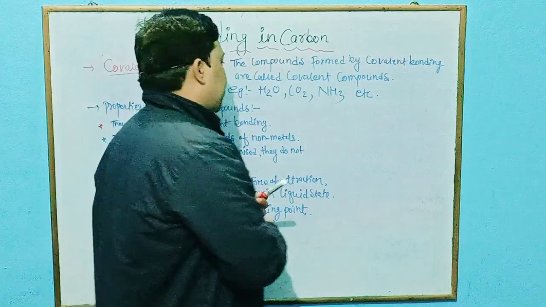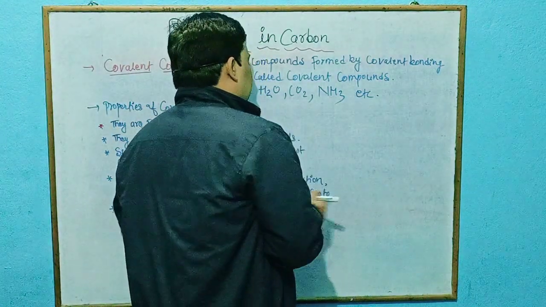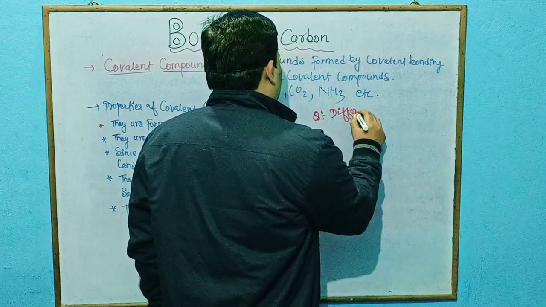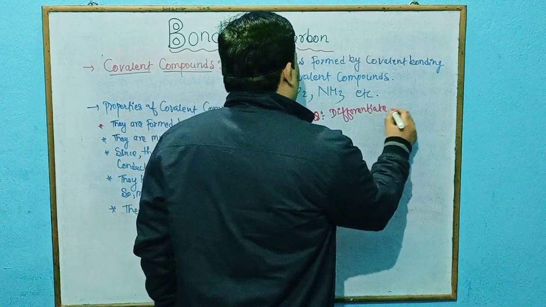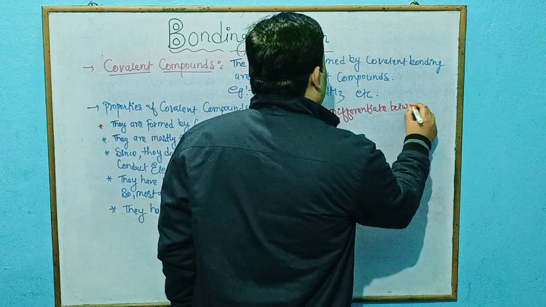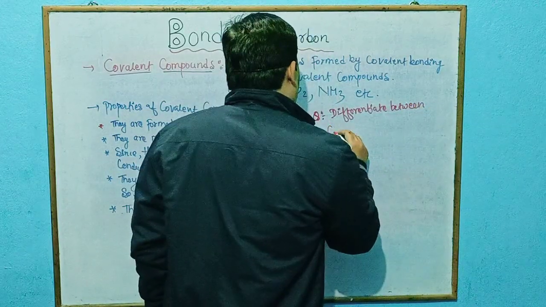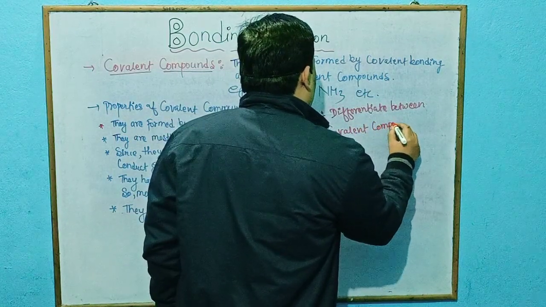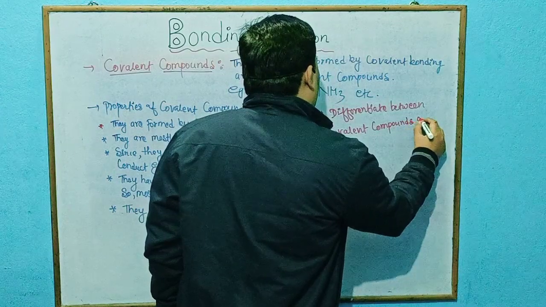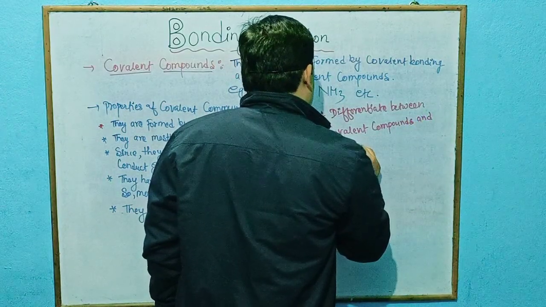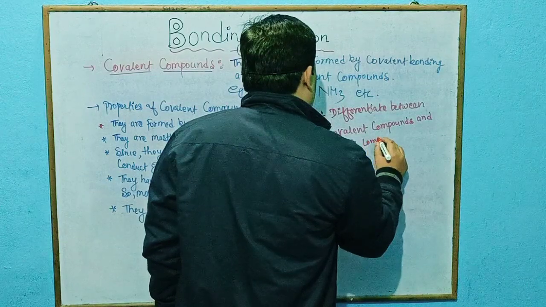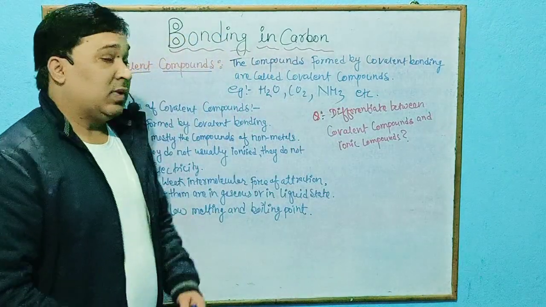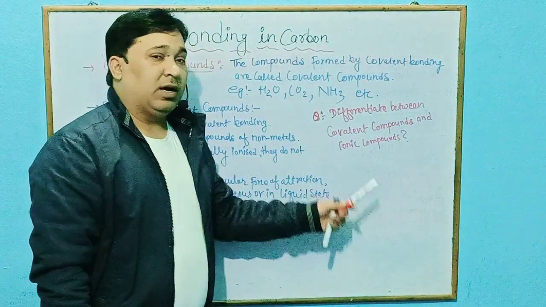The question is: differentiate between covalent compounds and ionic compounds. So that is the question. So you must have a comparative view of covalent compounds and ionic compounds.